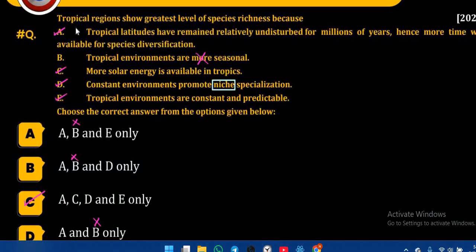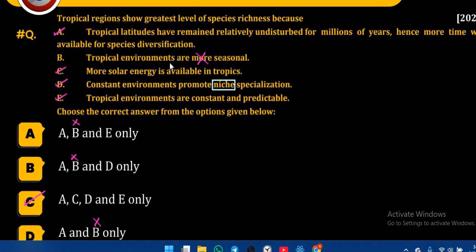Next question. Tropical regions show the greatest level of species richness because: A. Tropical latitudes have remained relatively undisturbed for millions of years, hence more time was available for species diversification. True.